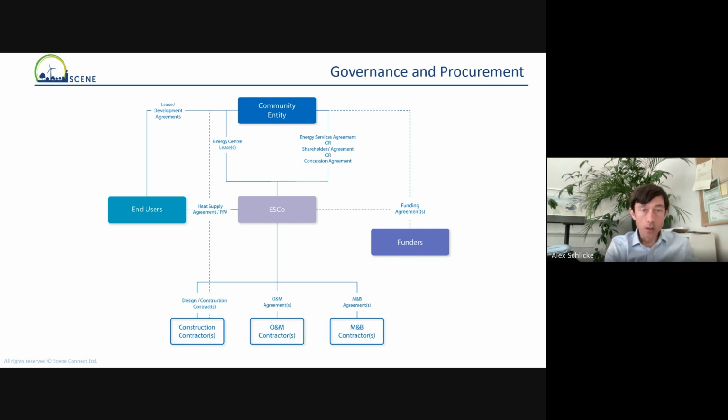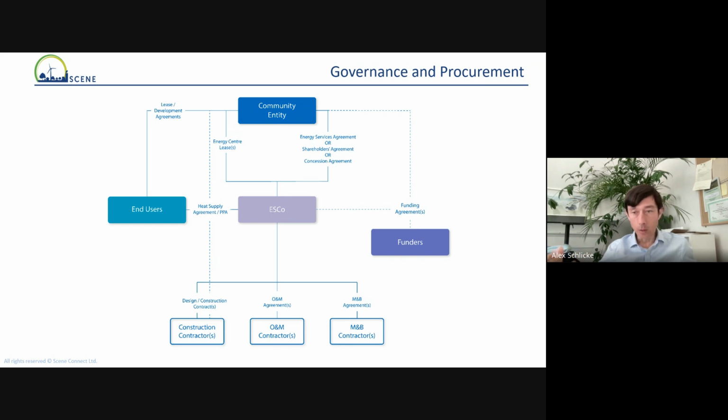So just to explain this diagram, we have the community entity at the top, and that entity will have relationships, on the one hand, with the funders, which could be the likes of the Net Zero Hub, but in due course could be shareholders, or a bank or other lending institutions, and so on.